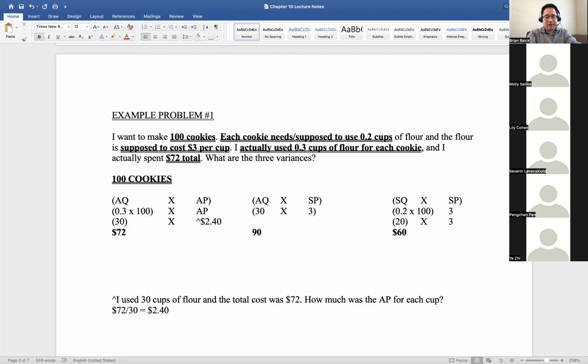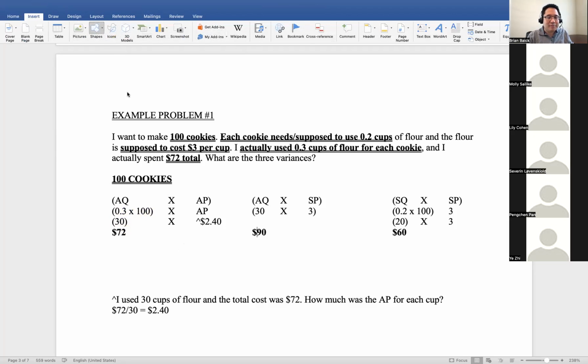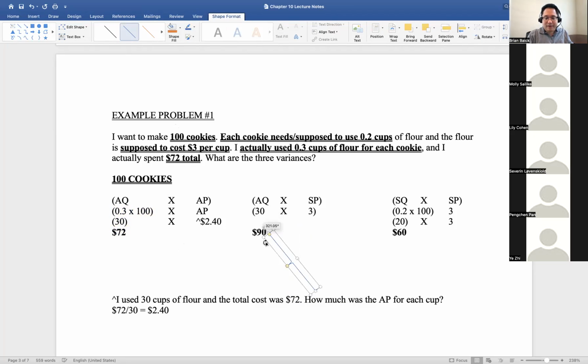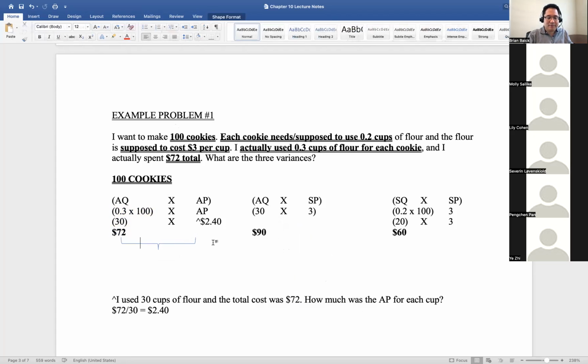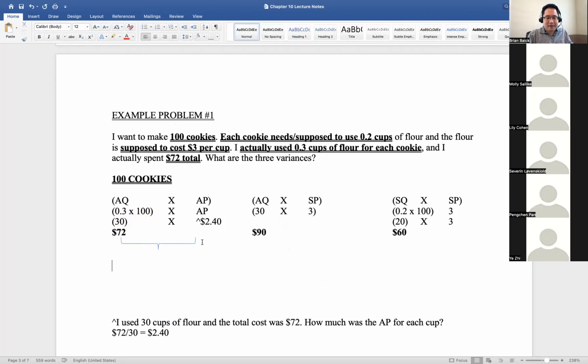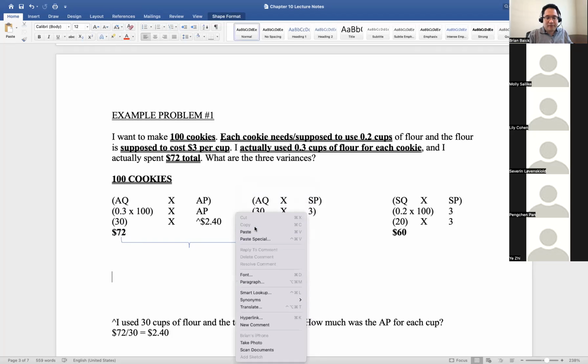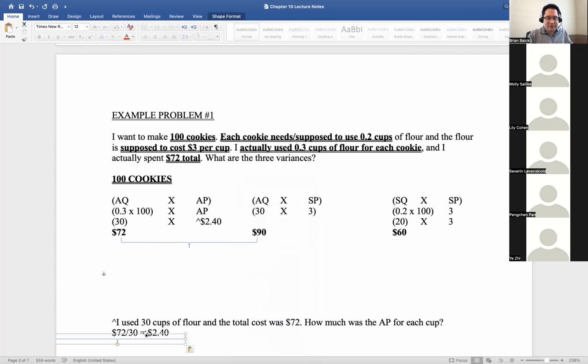Okay, all right, and then we're going to do my favorite part. We're going to do the variances. We're going to figure out the difference between the first and the second number. Then the difference between the second number and the third number.